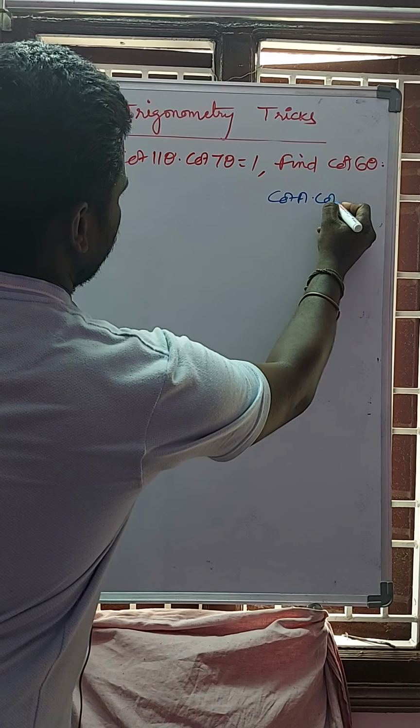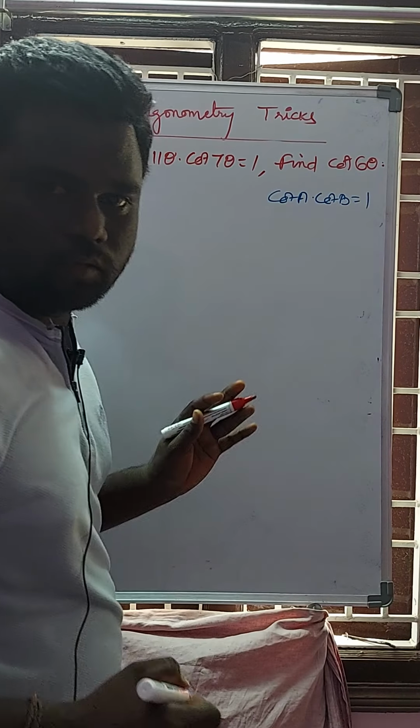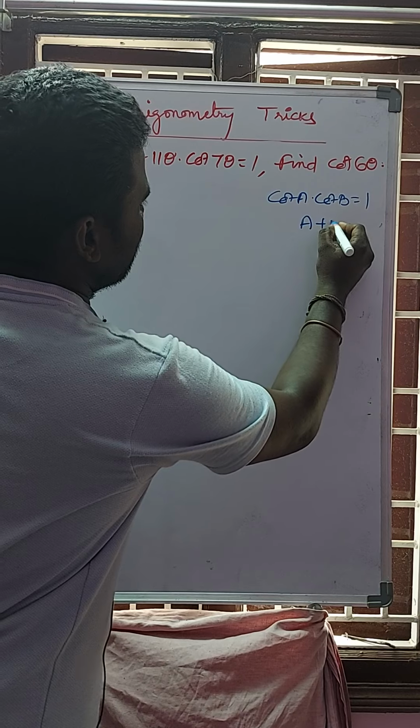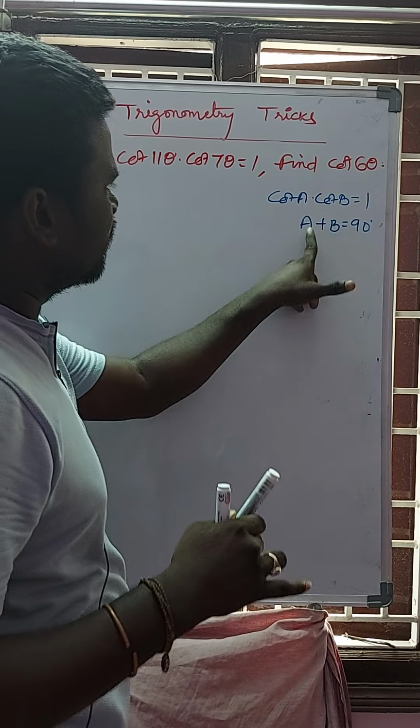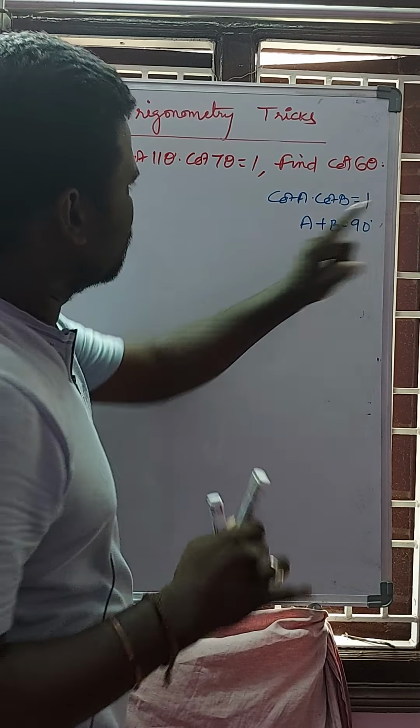For suppose we need to find cot 6 theta. See here, the same way we already know that cot A into cot B equals 1, then A plus B equal to 90 degrees.